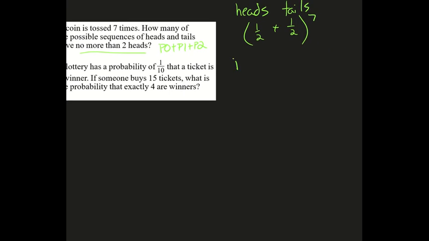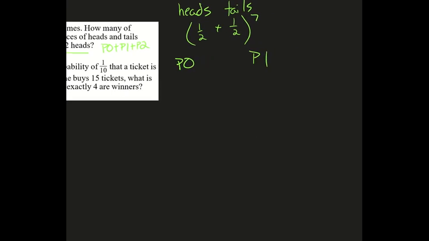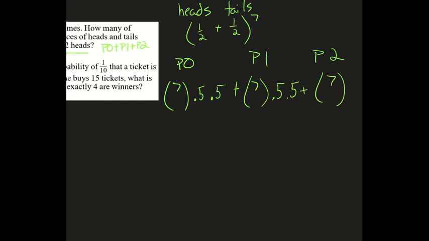So when we go and set this up, I want to write this out as probability of 0, probability of 1, and then the probability of 2. So what ends up happening here, we set up our binomial theorem the same way for all of these as we have the other ones. So we have 7c something.